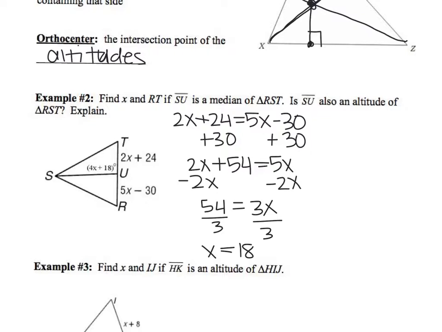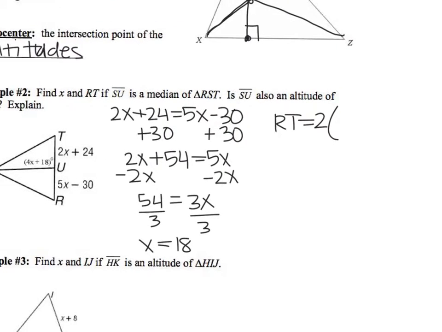Now, since SU is a median, it means that I only have to plug in 18 for one of my lengths, and then I can just multiply it by 2 to get the length of the whole segment RT. I'm just going to plug it into the 2x plus 24. So RT is going to be twice that length, so 2 times the 2 times x, which is 18, plus 24.